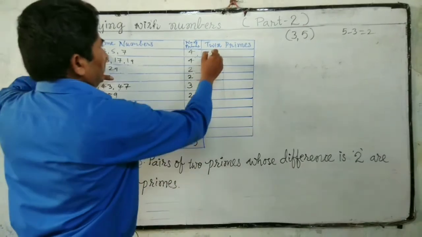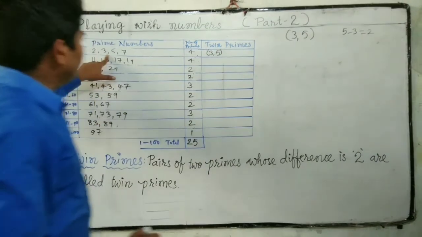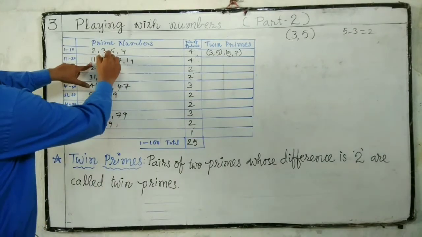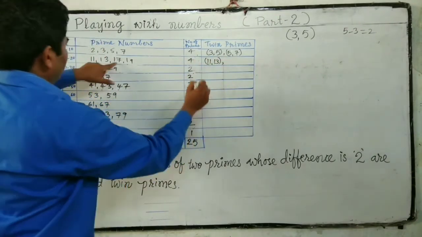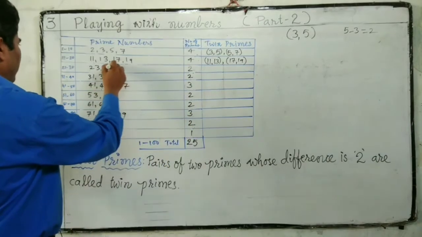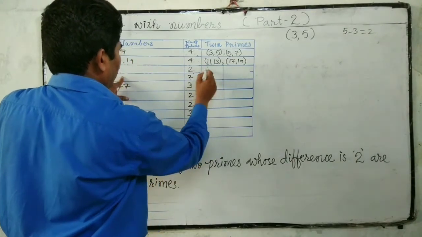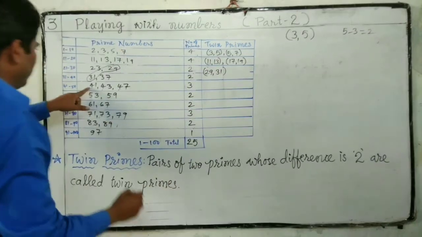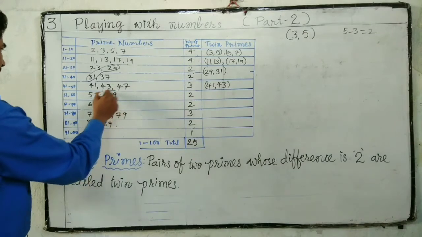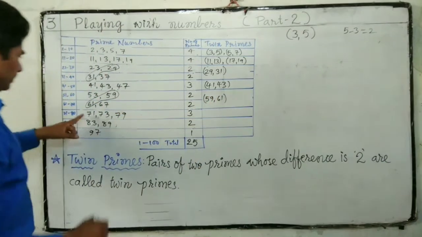So this is a twin prime, 3, 5, and also 5, 7, 11, 13, 17, 19, 29, 31, 41, 43, 59, 61, 71, 73.